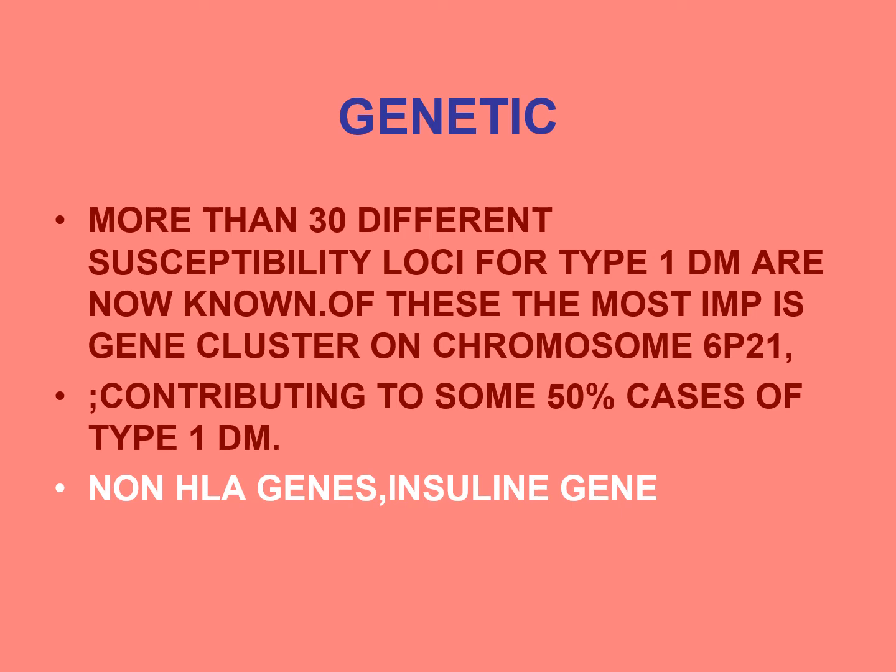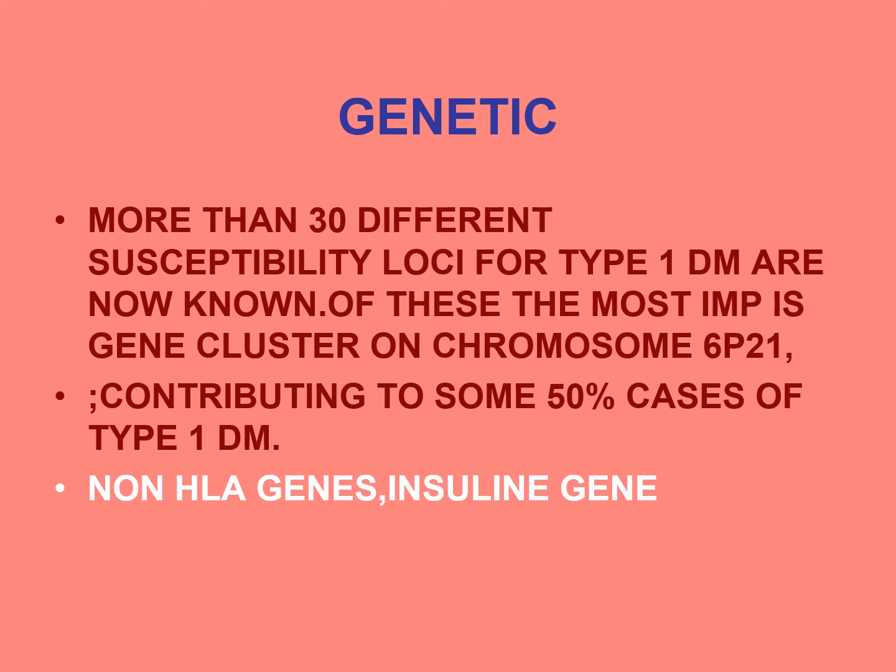Genetics: more than 30 different susceptibility loci for type 1 diabetes mellitus are now known. Of these, the most important is the gene cluster on chromosome 6p21, contributing to some 50% of cases of type 1 diabetes mellitus. There are other non-HLA genes and the insulin gene which may be involved.